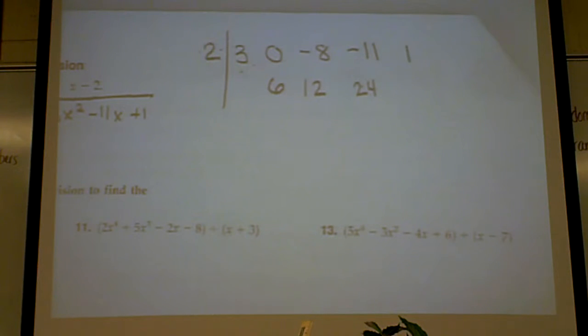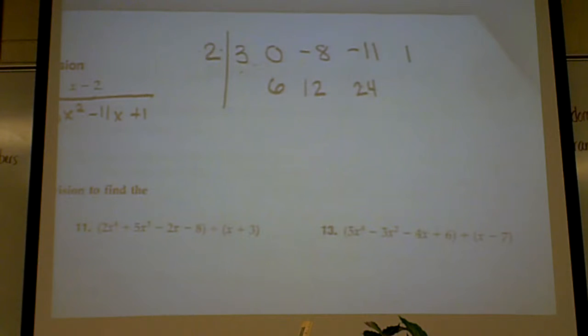Don't you add the negative 8 and the 12 together and then multiply what you get by 2?